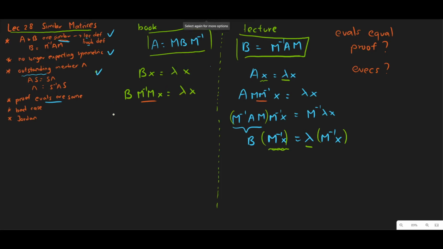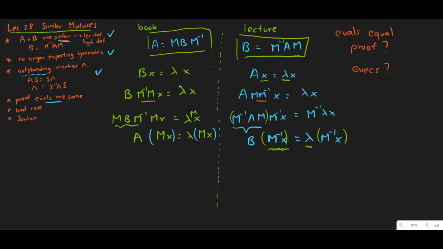And then you can put the M here, right? And then this one is just the A that we have, and then M x, and then you have the M here, and then lambda M x.